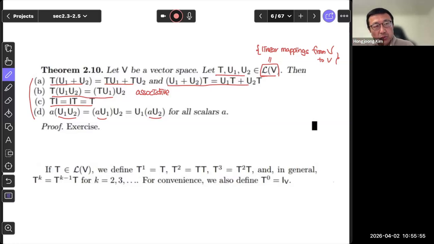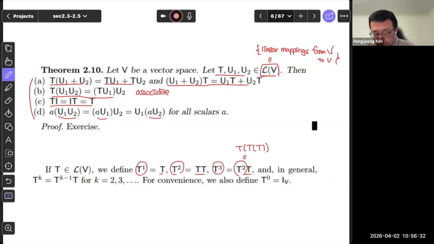And in our textbook, if T is a linear mapping from V to V, then we will use this notation for the exponent, some power. So T to the 1 will denote T itself, and T squared will imply the composite of T and T. T cubed will be the composite of T squared and T, which means the composite T of T of T mapping.